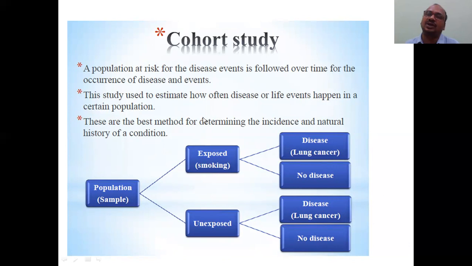Now we will see all these sentences so that you can understand well. A population which is at risk for the disease events is followed over time for the occurrence of the disease and events. This study is used to estimate how often disease or life events happen in a certain population. These are the best methods. See here, this third point is very important: the best method for determining the incidence and the natural history of a condition.